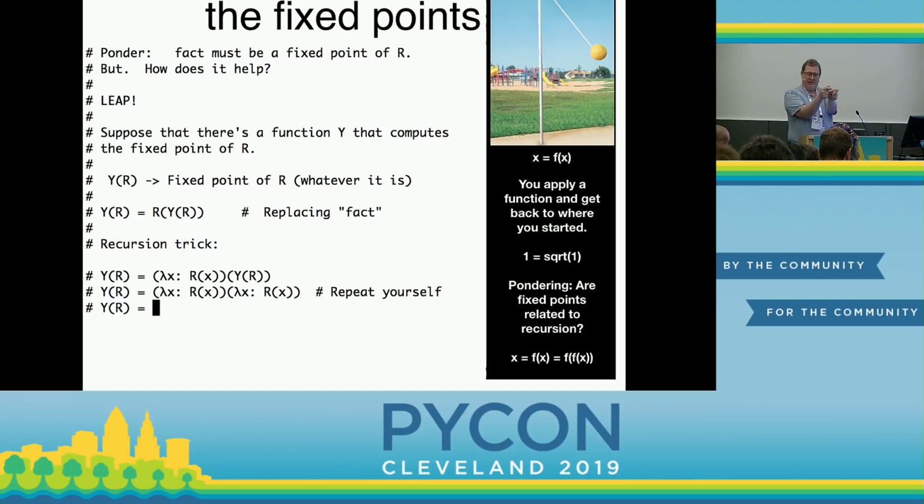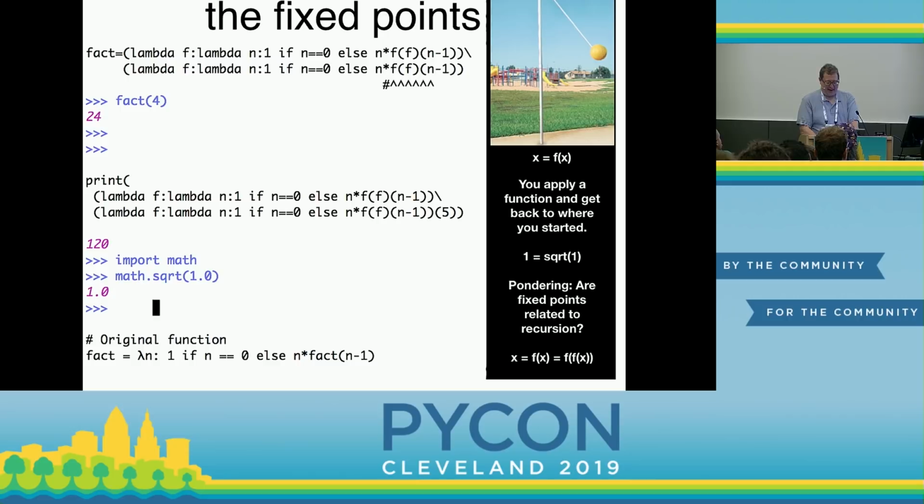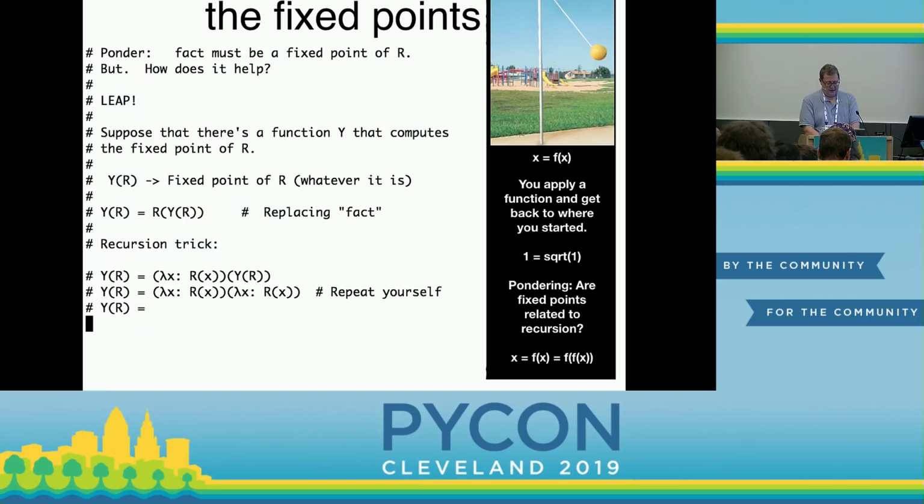We had to do the hack with the f. If you looked at the fact thing, we had to do this f of f thing. So if we're going to do the repeat yourself trick, we have to do that here. Instead of having x, I have to say x of x.